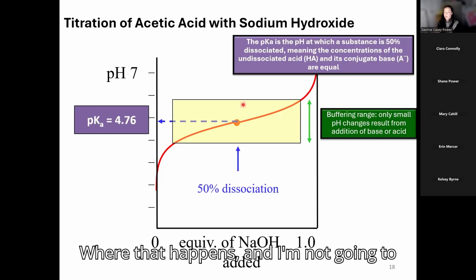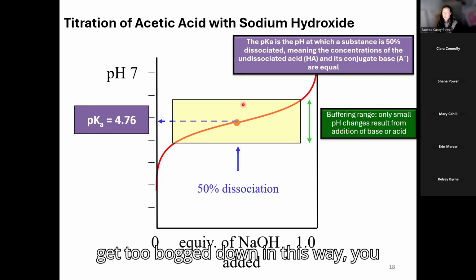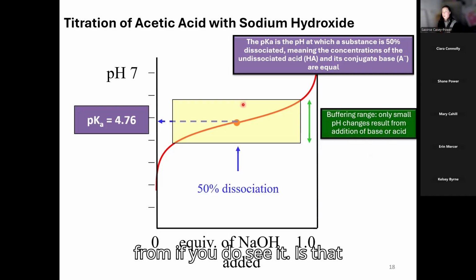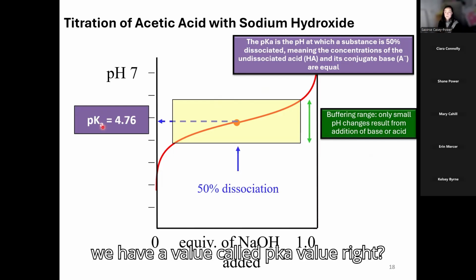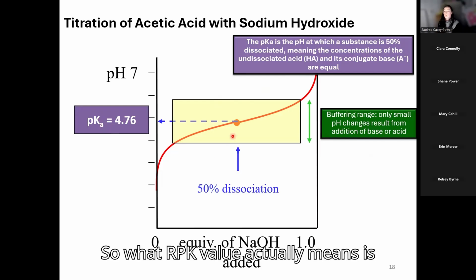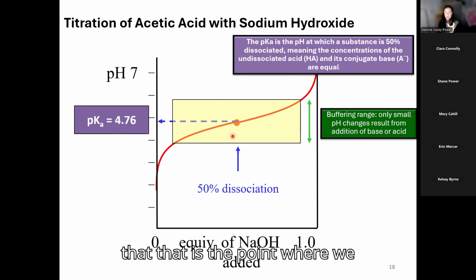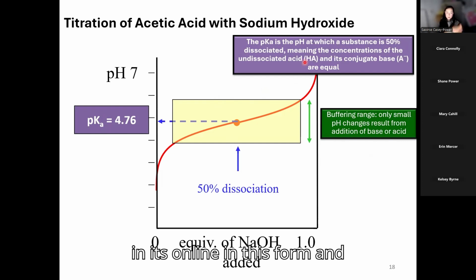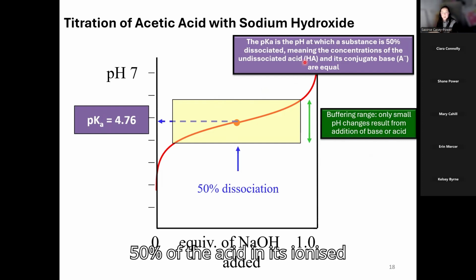Where that happens, and I'm not going to get too bogged down in this because you don't necessarily need to know this, it's just where this value comes from if you do see it, is that we have a value called the pKa value. What that pKa value actually means is that it is the point where we have that 50% and 50%. So we have 50% of whatever our acid is in its unionized form and 50% in its ionized form.